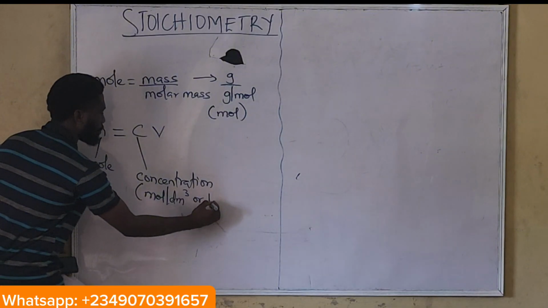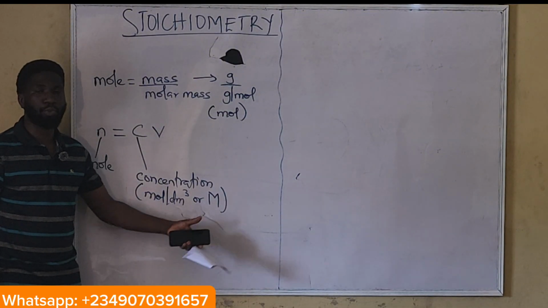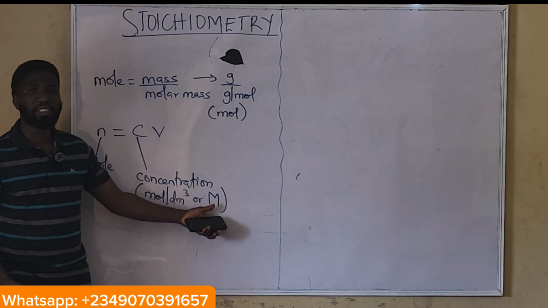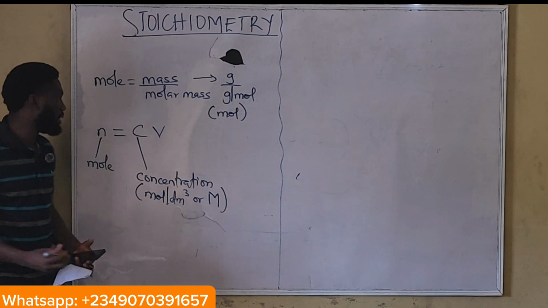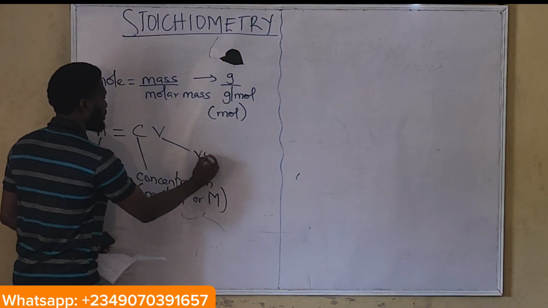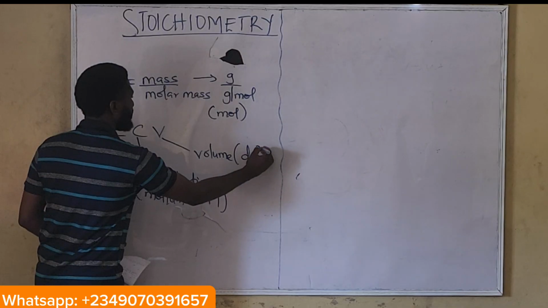It can also be written this way, big M. This big M is molarity. So whenever you see molarity, it means concentration, which is mole per dm cube. And the V represents volume, which has its unit to be dm cube.